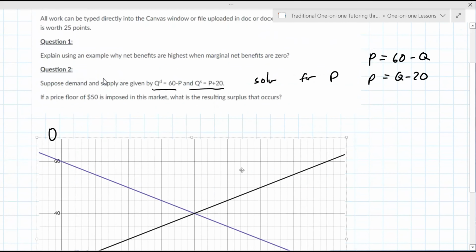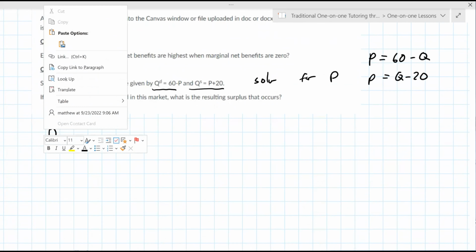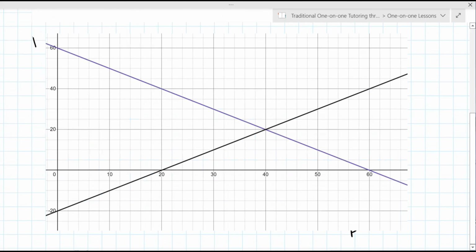Okay, let me go grab this other picture. Okay, so price is here, Q is down here. They intersect at 40, 20.